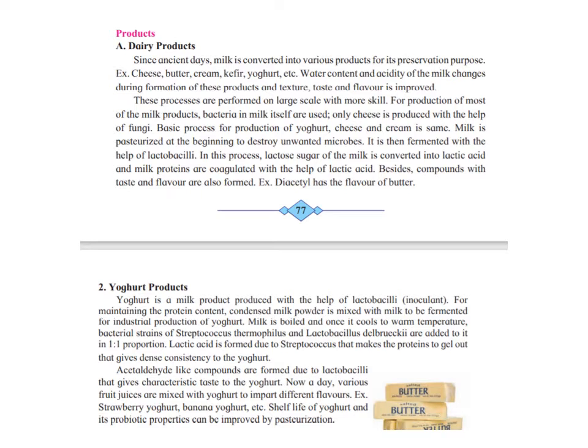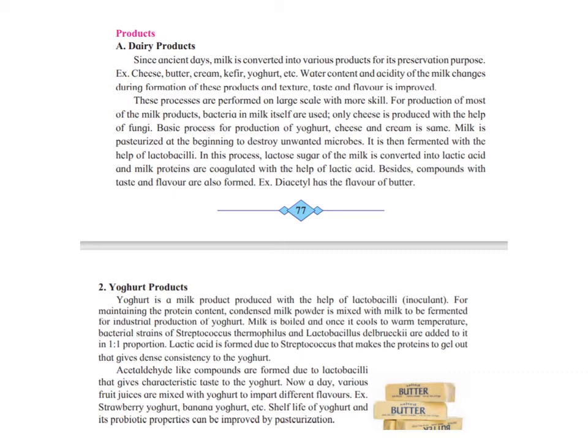The basic process of production of curd or yogurt, cheese, cream, etc. is the same. What happens? Milk is pasteurized at the beginning to destroy unwanted microbes. Pasteurization means the milk is heated up to at least 80 degrees or more, so that the microorganisms which are present over there get killed.